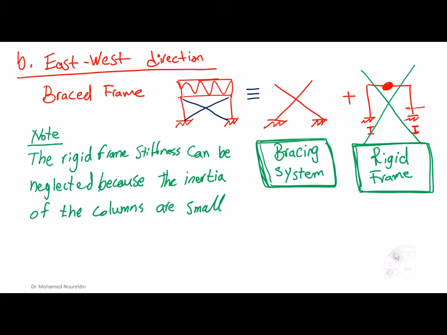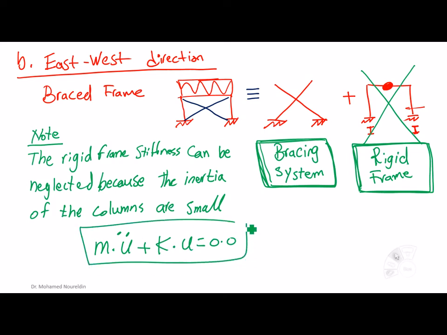Now we need to know the equation of motion. Before this, as we said, we need to understand how the main system is going to behave. Commonly, the equation of motion, as we have mentioned before, is m u double dot plus k u equals 0, right?